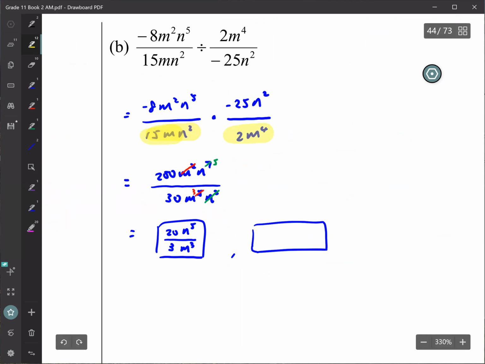This is also a denominator. But then the 2m to the 4 used to be the numerator, right? The original denominator was -25n squared. So for restrictions, when you have dividing, you need to check 3 places, okay? So right here.